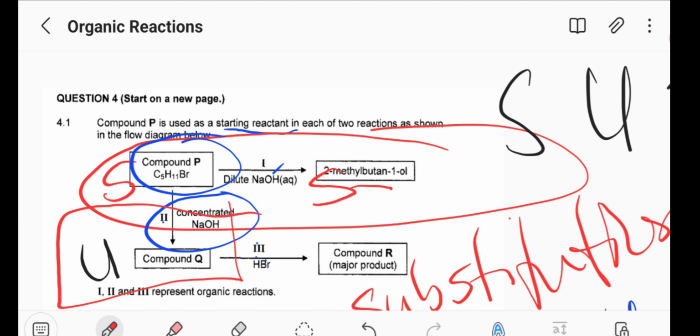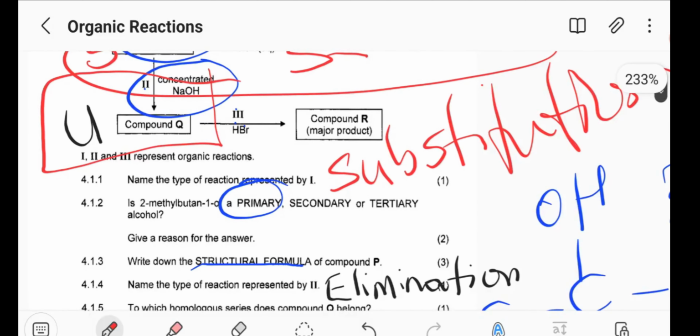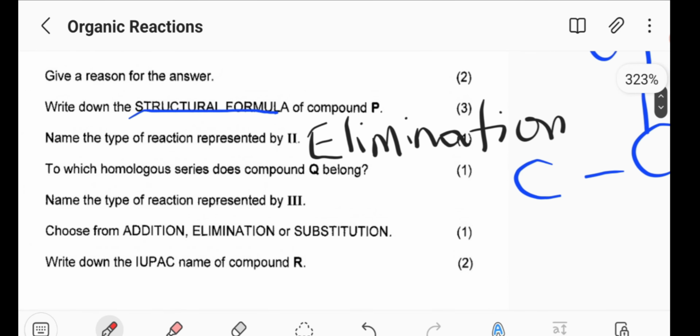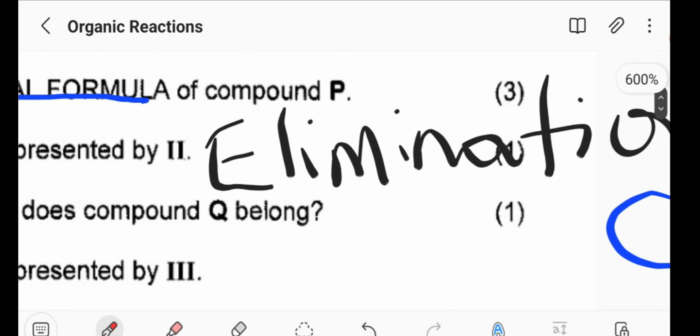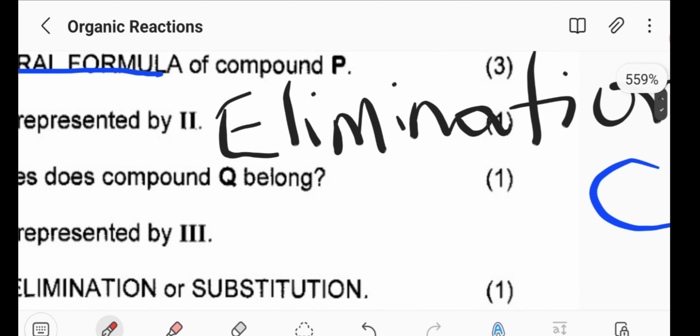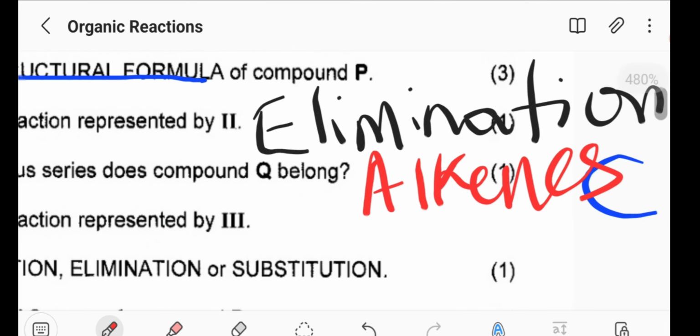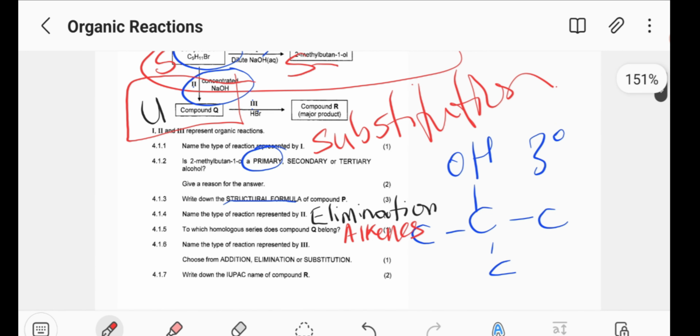So our product is going to be unsaturated, which means there is a formation of a double bond. Now the question is, of the homologous series that we have, which one has a double bond? You can agree with me that it is none other than the alkenes. So the product formed here will definitely be an alkene. So the homologous series to which compound Q belongs is the alkenes.